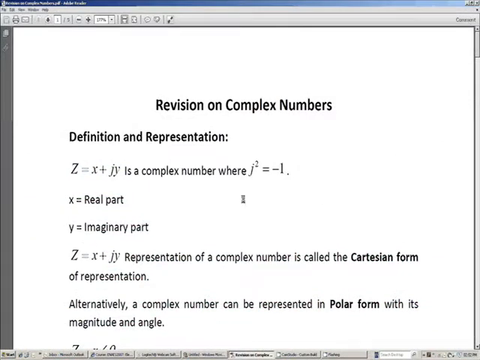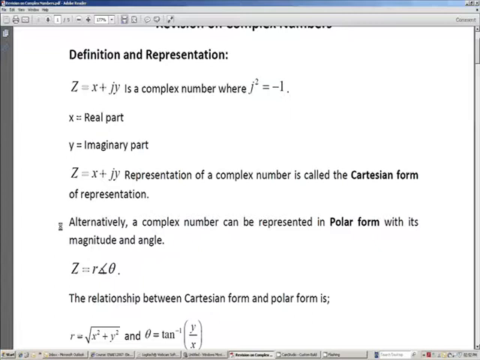As you know, if we define a complex number as x plus jy, then we call it a complex number if j is defined such that j squared is equal to minus 1, and then we call x the real part and y the imaginary part.